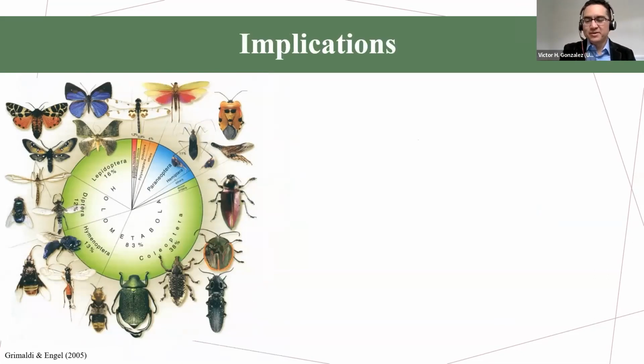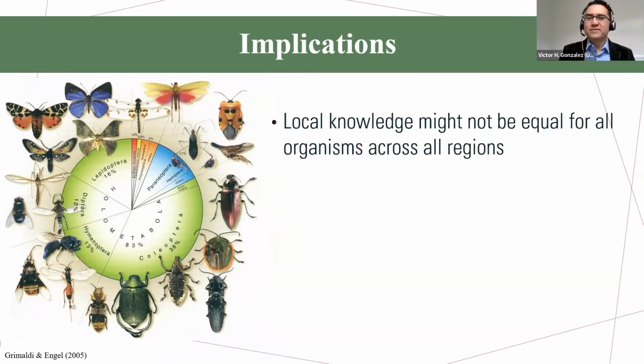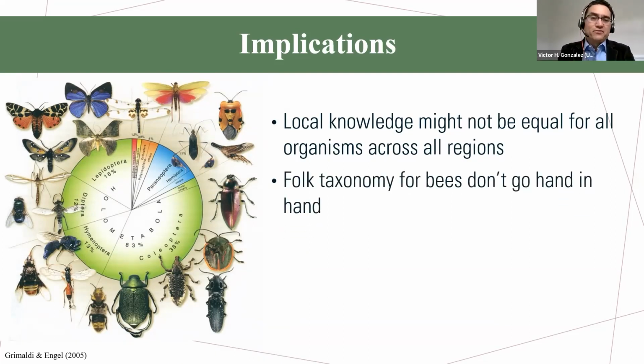So what are the implications of this? This is something that will be interesting to discuss today. One is that local knowledge might not be equal across all groups and across all regions, right? That folk taxonomies, at least for bees, don't go hand in hand. And this is something that I've been looking at in other insects, and it seems that this pattern can be applied to other insects as well.